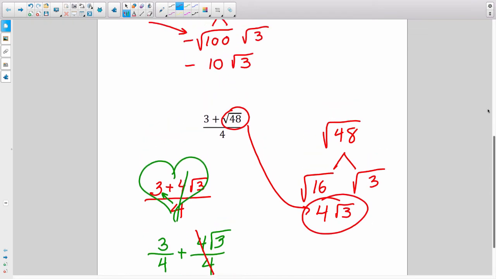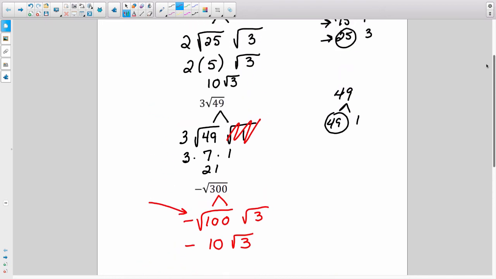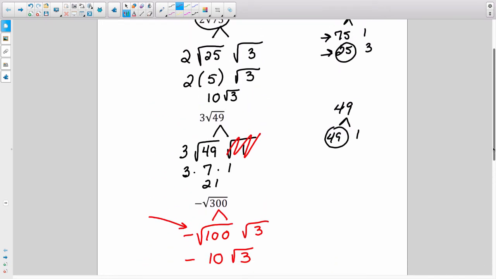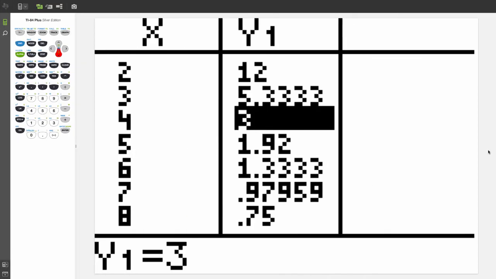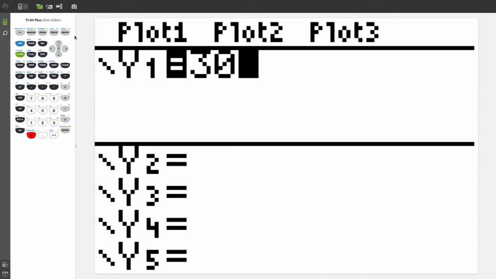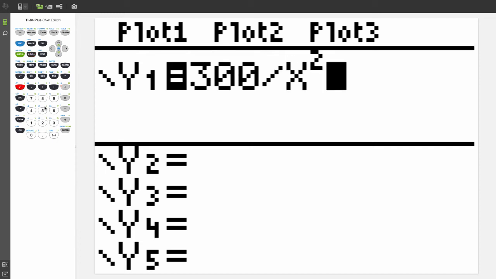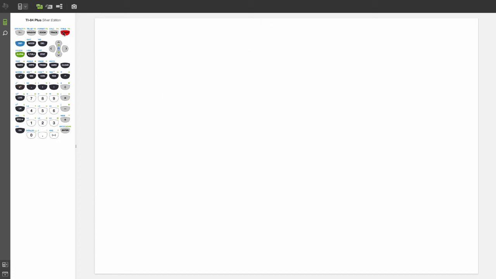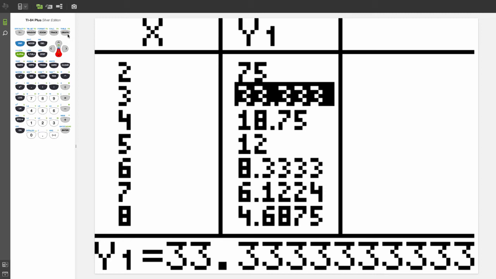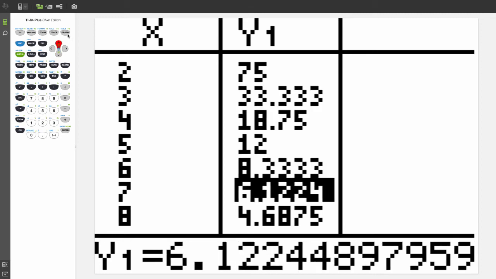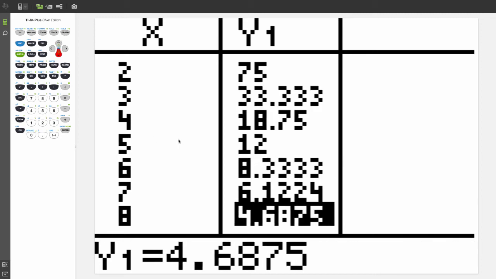How about some of the other ones we have done? 300. We know the answer for 300 is 10 radical 3. So let's check out the calculator. 300 divided by x squared. Now go to the table of values. Go down to the bottom. Look, 275, 512.